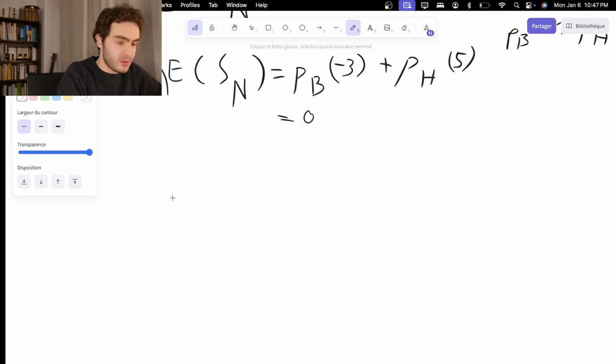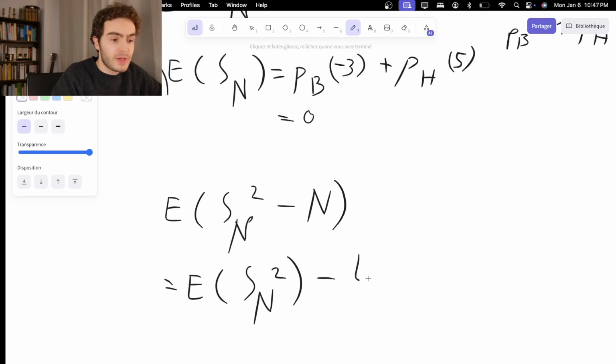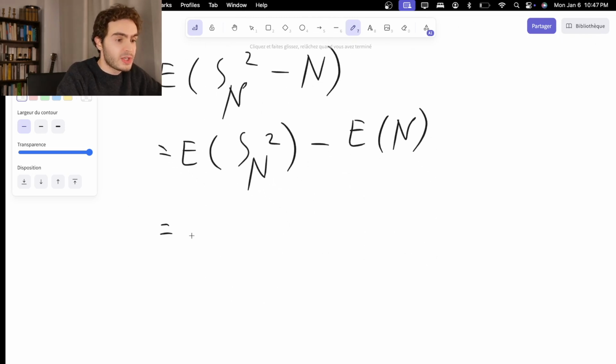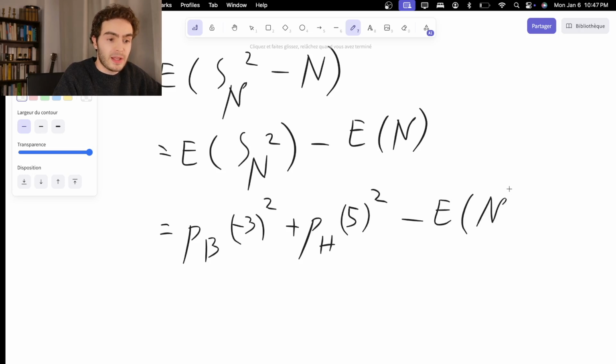Now let's focus on the second equation, where E of Sn squared minus capital N is equal to the expected value of Sn squared minus the expected value of the stopping time N, which is equal to the probability of reaching the bar multiplied by its value squared, plus the probability of reaching home, which is equal to 1 minus the probability of reaching the bar, multiplied by its value squared, minus the expected value of capital N. And we know from the previous equation the probability of reaching the bar, the probability of reaching home, and we know that this is equal to 0.